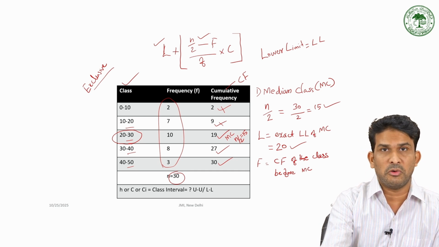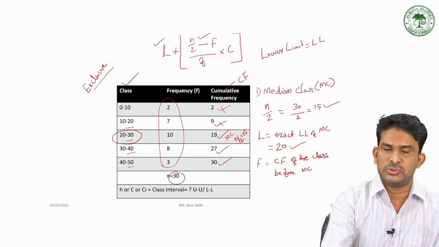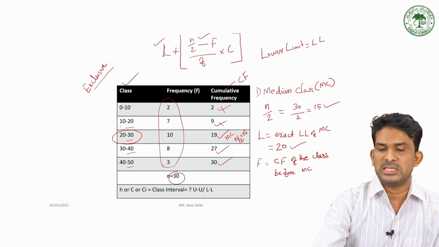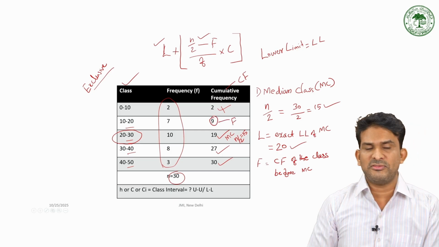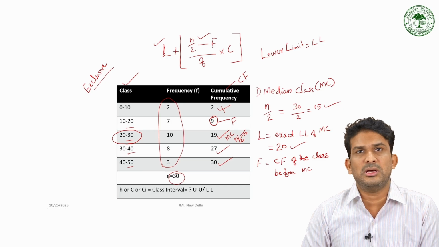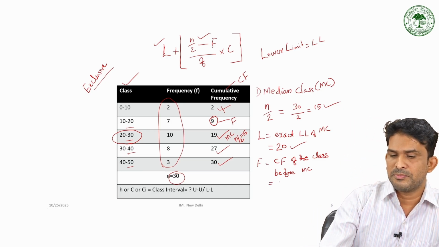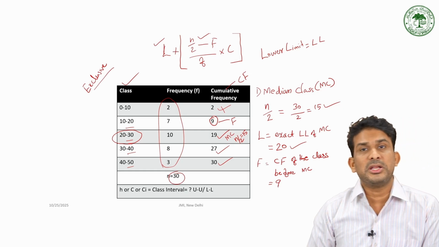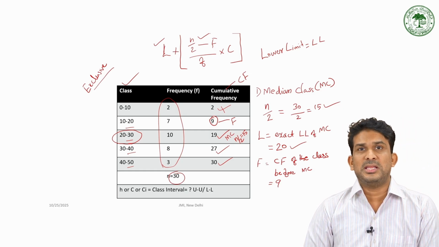What is before it? The lower, preceding class, which is 10 to 20. That frequency is known as capital F, the cumulative frequency of the class preceding the median class. I got it: it is 9.